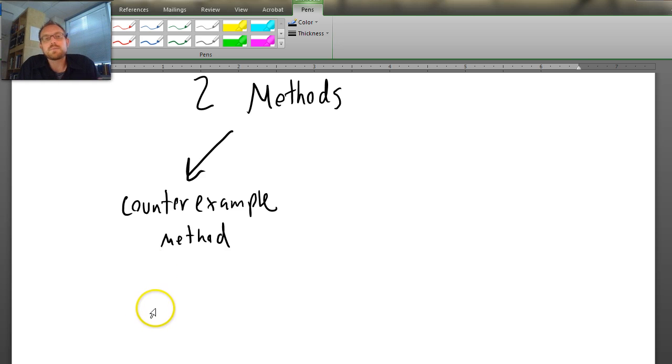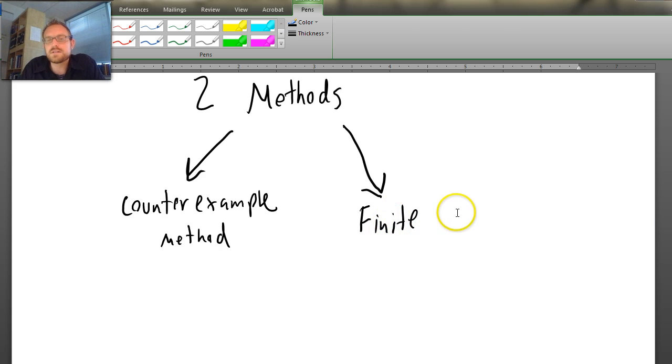And if we could come up with an argument that ultimately was obviously untrue, then we could prove an argument invalid. The other method here that we're going to learn about today, and actually it's much more complicated, but more promising, I suppose, is the finite universe method.